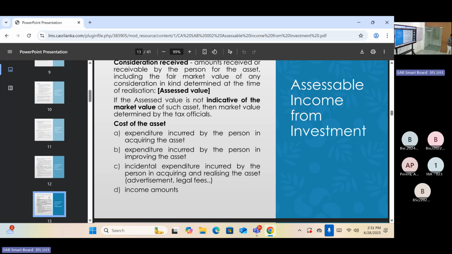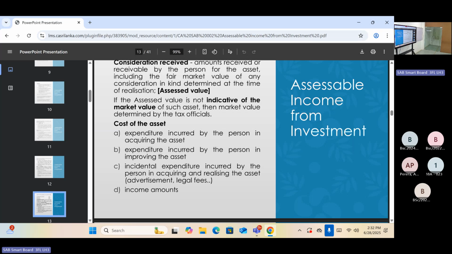So the purchase cost, fine. That's the acquisition cost or the development cost. Thereafter, expenditure incurred by the person in improving the asset, any subsequent development cost, is also part of cost. Incidental expenditure means expenditure incurred in the acquisition or at the time of disposal of the asset. That is also part of cost. Just like, say, I am going to purchase land valued at 50 million.